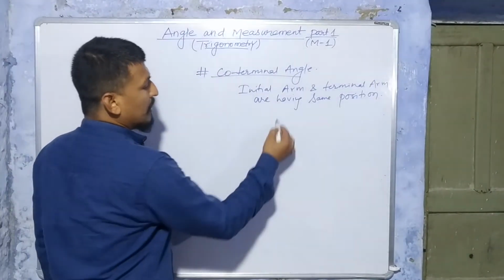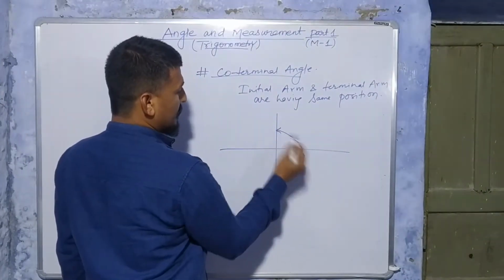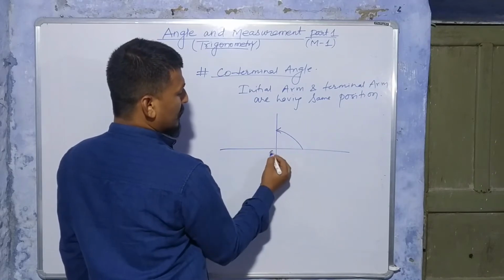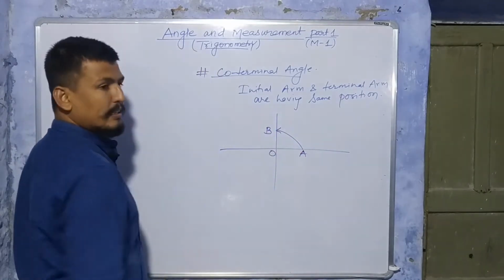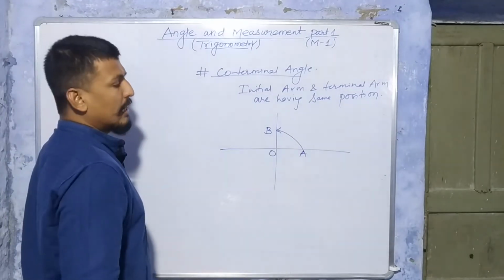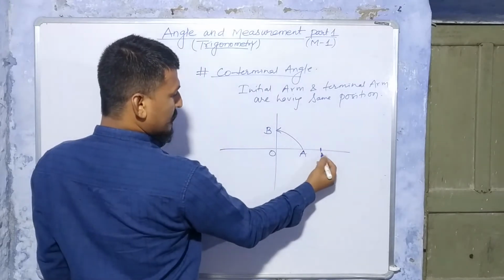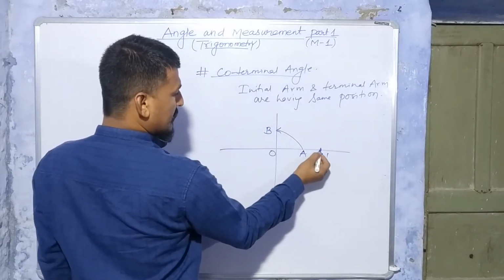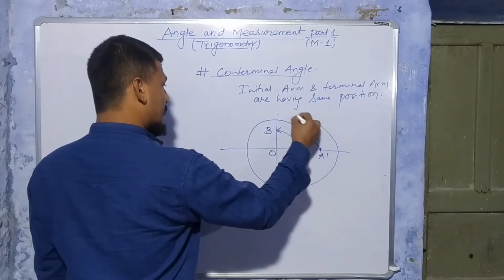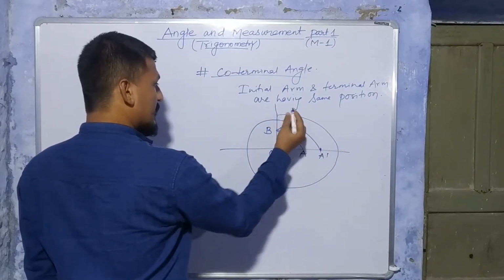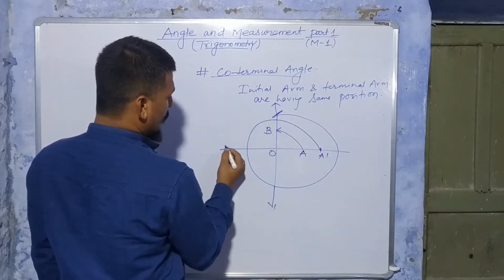Let's take an example. Suppose first case. This is O, this is A, and this is B. So AOB is the first angle. And for the second angle I am starting from here. Suppose this one is A dash, and this one is one rotation, and this one is the ending point.